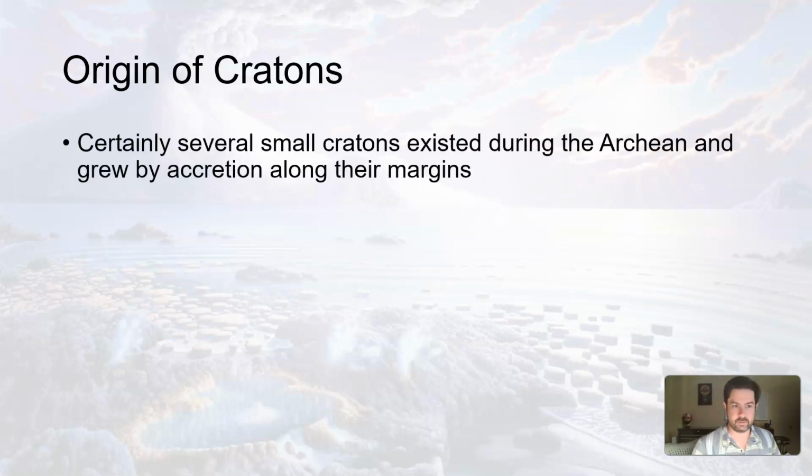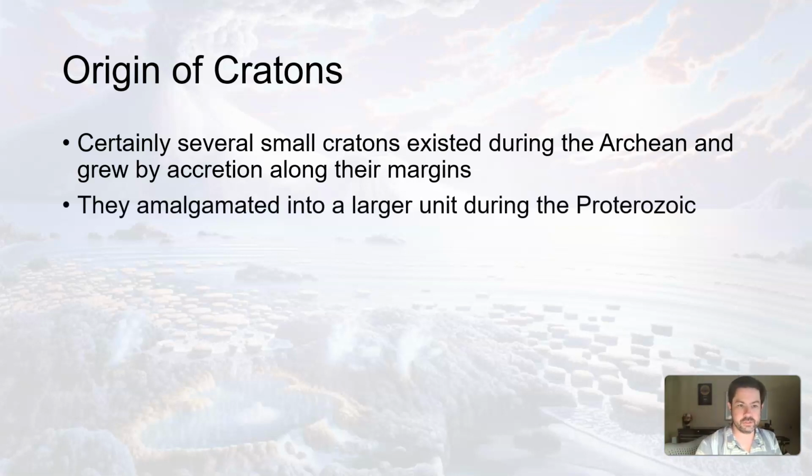So regarding the origin of all of these cratons, certainly there were several small pieces of cratons that existed around the world during the Archean, and they grew and grew along their margins via accretion, and they may have come together into larger units during the Proterozoic, which is what we're going to look at in Unit 8, but still in the Precambrian.